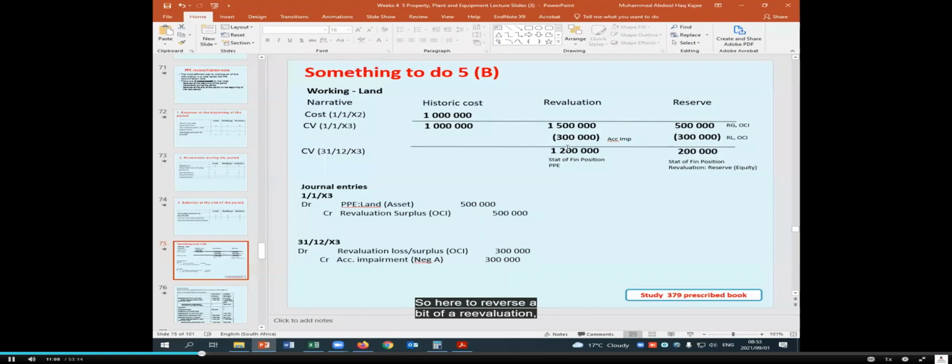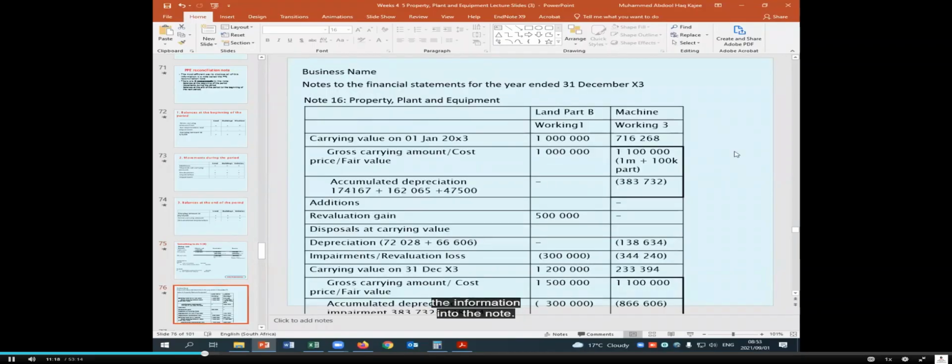So we had to reverse a bit of a revaluation, and we had a revaluation loss. So we said, let's put the information for 2003 into the note. And so we had this land for part B.